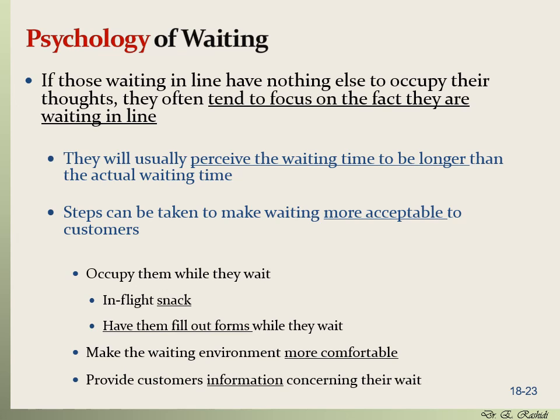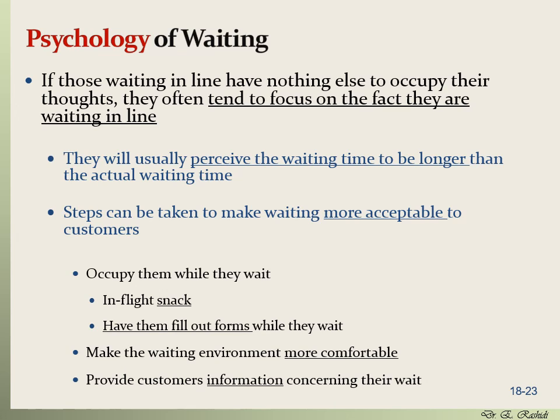Knowing the psychology of waiting, we can take steps to make waiting more acceptable to customers. For example, we can occupy them while they wait. You might have seen the in-flight snacks or the movies that they can watch while they take a flight, or have them fill out forms while they wait, so you distract them from the fact that they are waiting.